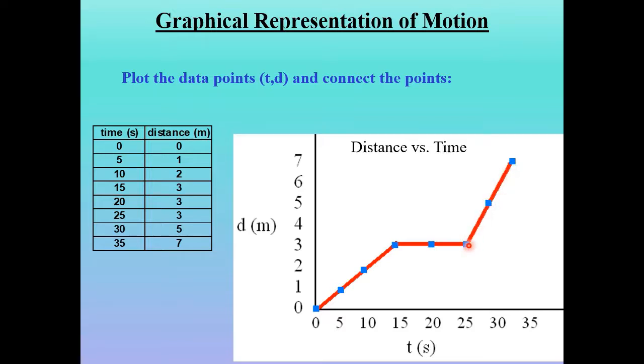And basically in the last 10 seconds, she went from 3 meters all the way to 7 meters, like this. Okay, so our blue points here represent the data in the graph, and since she was moving in sort of a continuous fashion, at least I tried to make her move continuously, we can connect these dots just with a straight line like this.